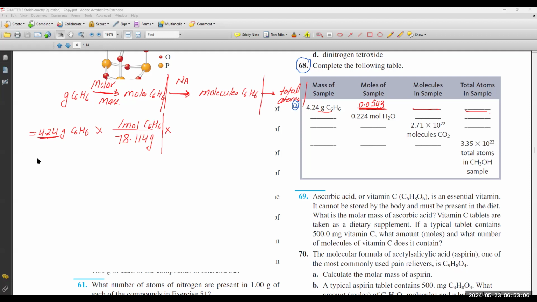Now let's do the second ratio. Moles to molecules. I'm going to use Avogadro's number. So 6.022 times 10 raised to power 23 molecules of C6H6 divided by 1 mole of C6H6.